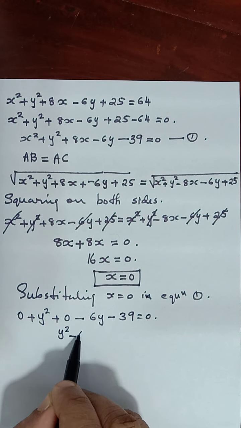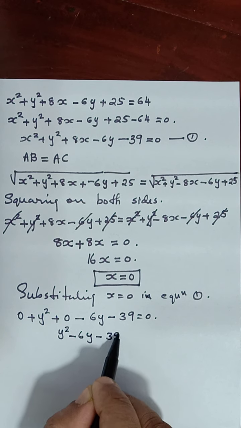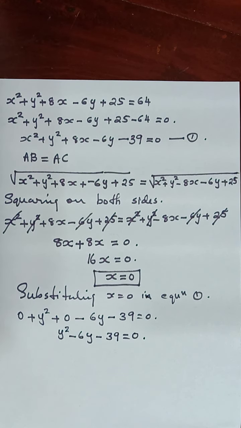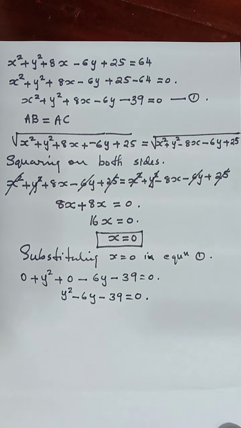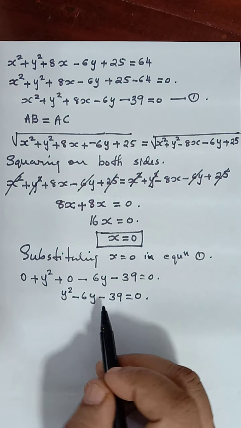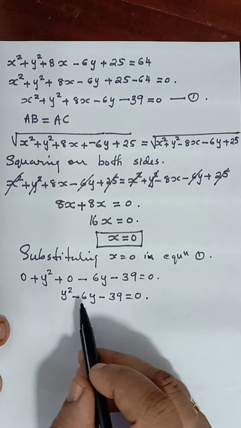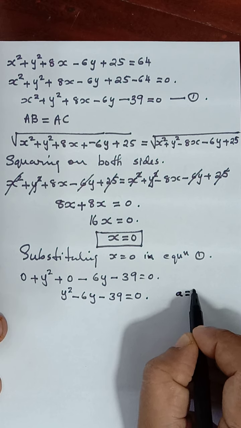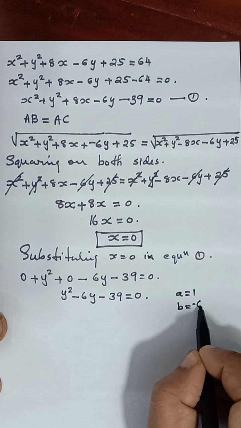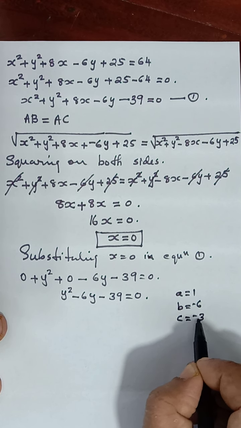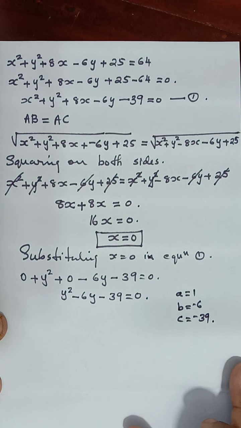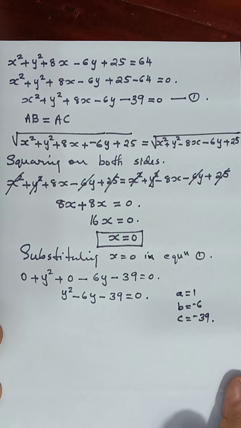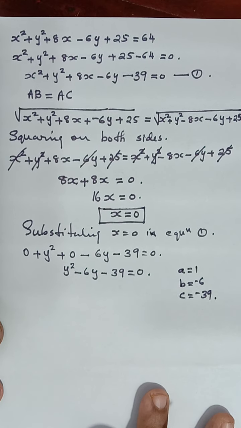Y square minus 6y minus 39 equal to 0. This is the quadratic equation we got now. It is of the form a is equal to 1, b is equal to negative 6, c is equal to negative 39. By splitting the middle term it is a little bit difficult, I think. So better will be to use the quadratic formula.